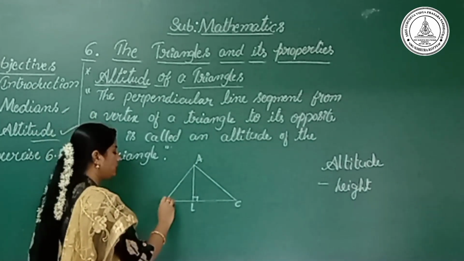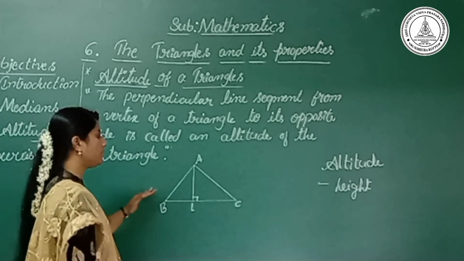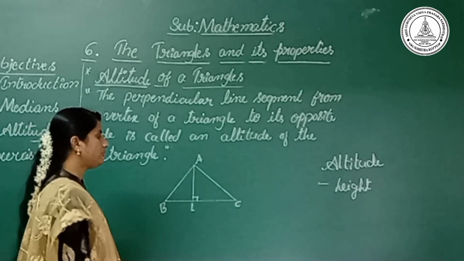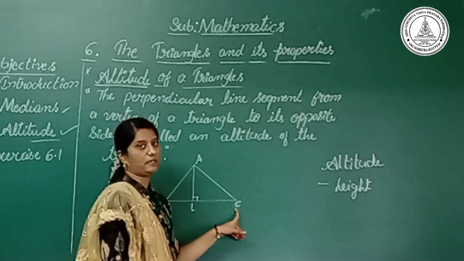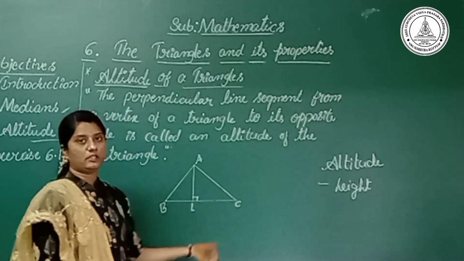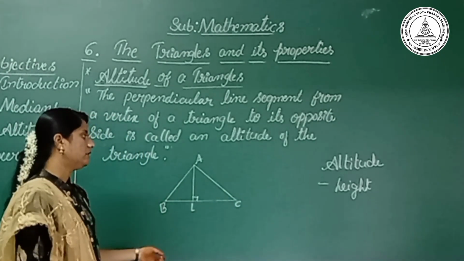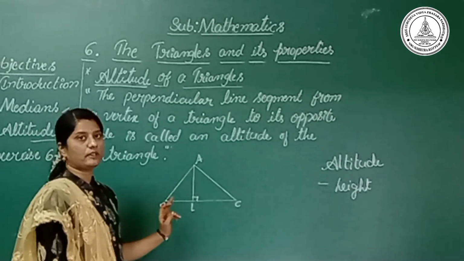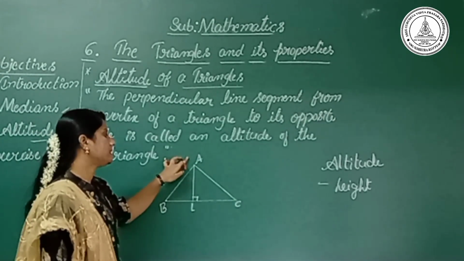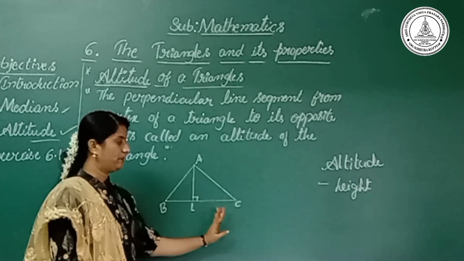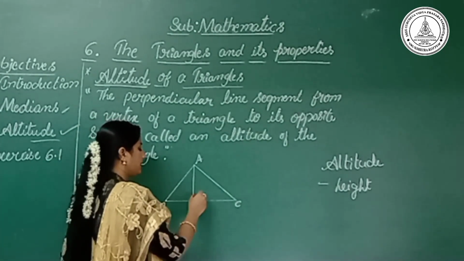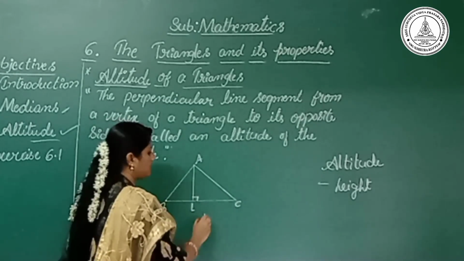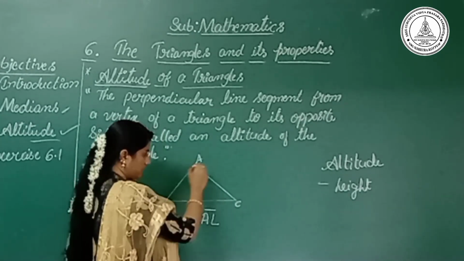From the point B also we can draw a perpendicular line and get one more altitude, and from the point C also we can draw a perpendicular line. Again we will get a different height of the triangle. So we have drawn a perpendicular line from the vertex A to the opposite side BC. It forms 90 degrees, and here AL is the altitude of the triangle.